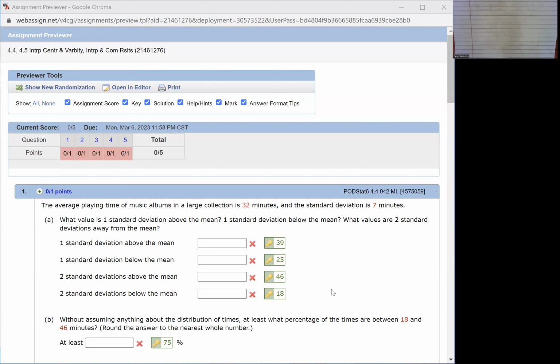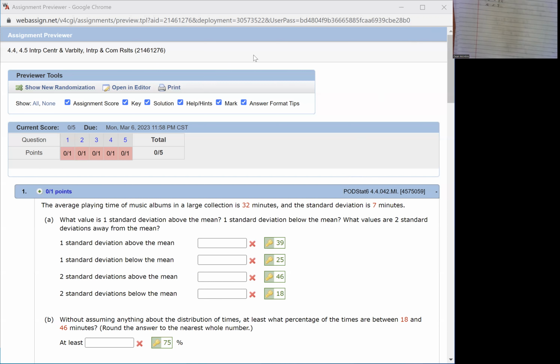Well, this is just carrying on some math, so let's do it. We'll go to the document camera. So we know that the mean x bar is 32, and little s, the standard deviation, is equal to 7.